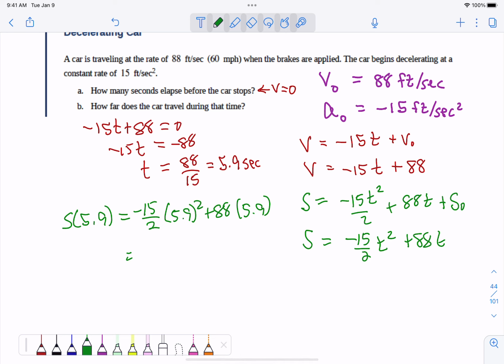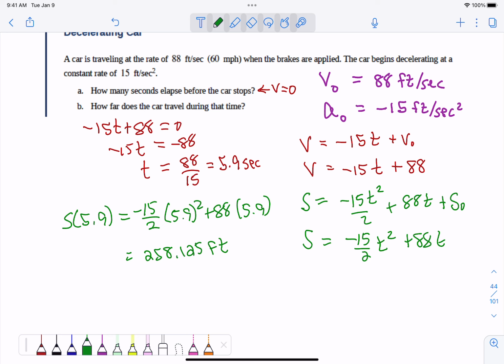So at that spot, you'll notice all of our units are feet, because I didn't use the 60 miles per hour, I used 88 feet per second, is 258.125 feet.